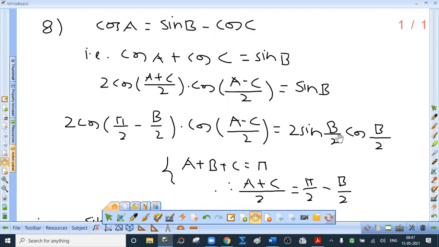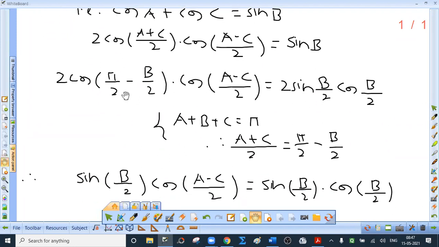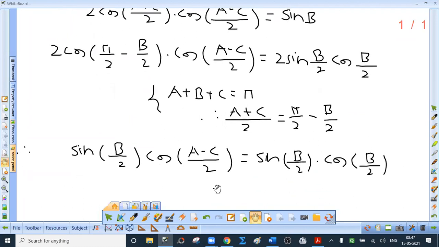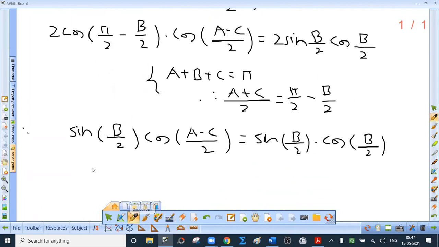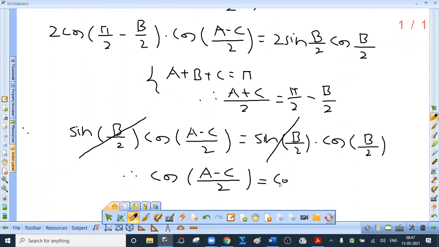That is why it is 2 sin b by 2 cos b by 2. 2 gets cancelled. Now it is cos of 90 minus theta, sin theta. Right? So I can say that sin b by 2 gets cancelled. So what remains is cos of a minus c by 2 is cos of b by 2.